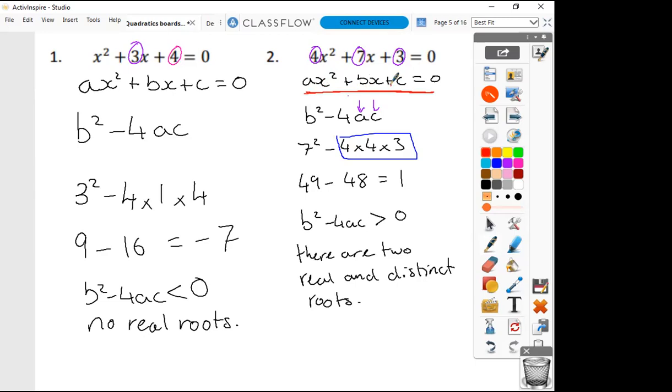We equate that to 0. So the b squared minus 4ac, those letters refer directly back to that format. The b squared is 7 squared, a is substituted in from there, and the 3 comes from the c position.